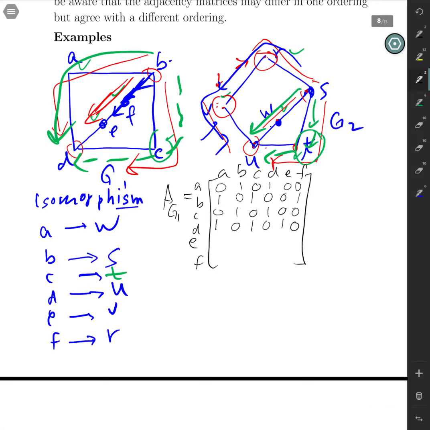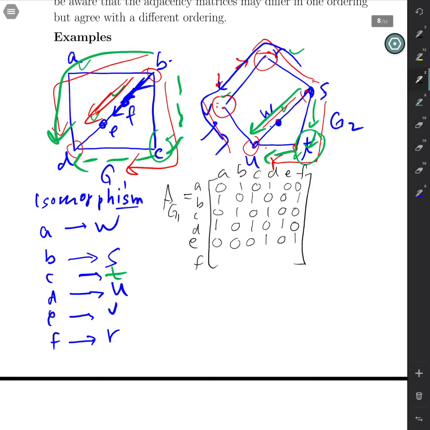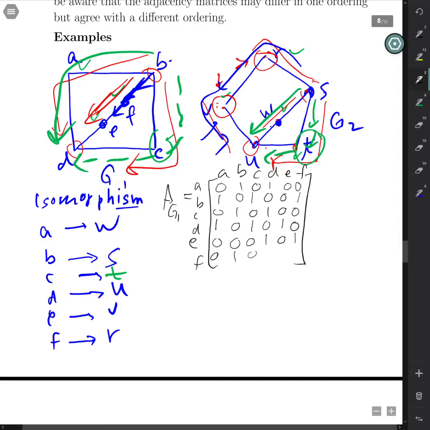E is adjacent to D and F. And F is adjacent to B and E. Right, so that's what we have there.